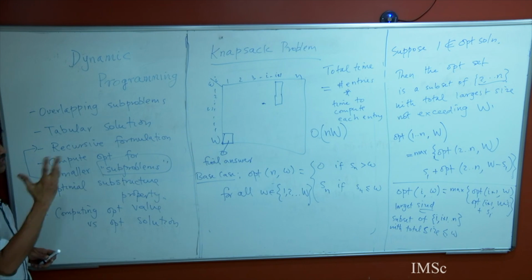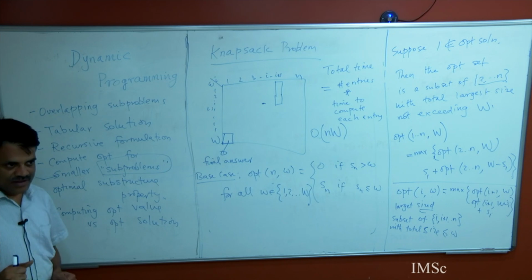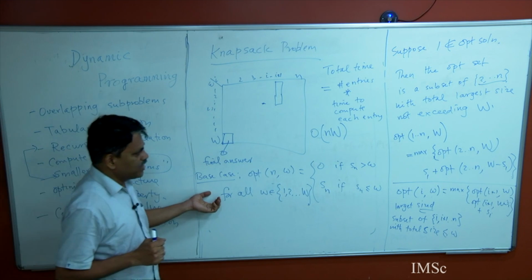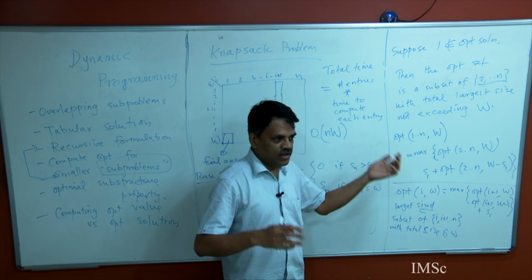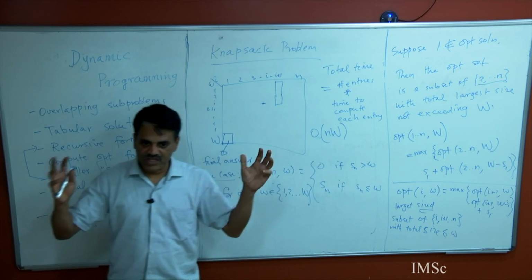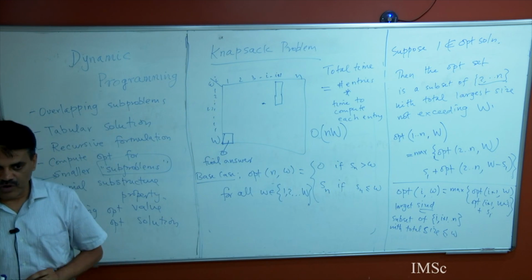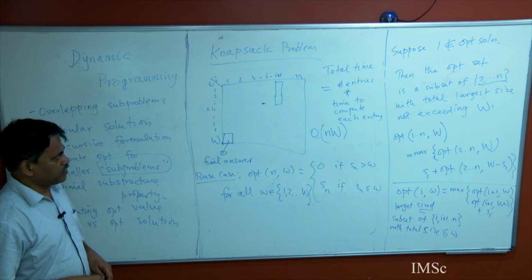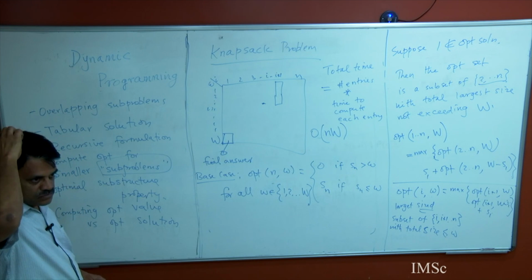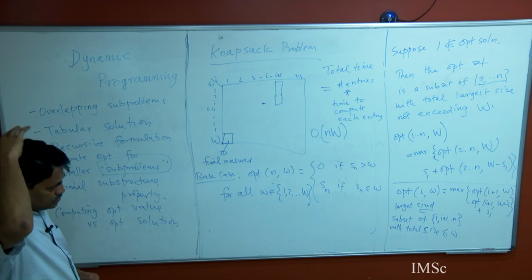But before that, how do I actually find the subset? Right now, this only tells you the number, finally, what is the total size you can take. But if I also want to find the subset, what do I do?